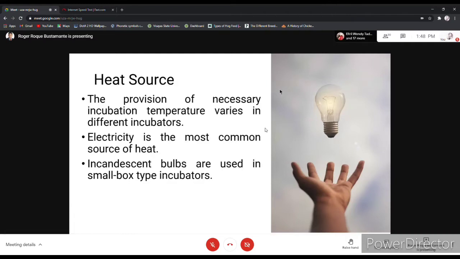So if we make do-it-yourself incubators, we can use these incandescent bulbs. We will set that up. So for the incandescent bulb, we need electricity. So again, electricity is the most common source of heat, not just in small incubators, but in large incubators also.